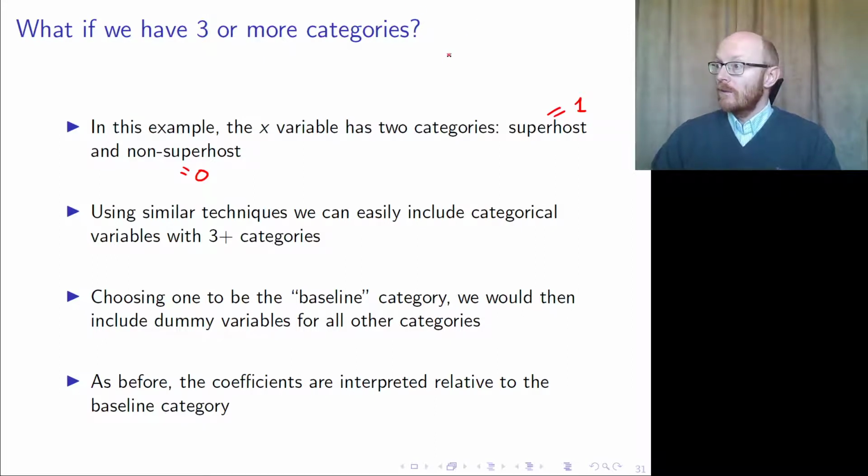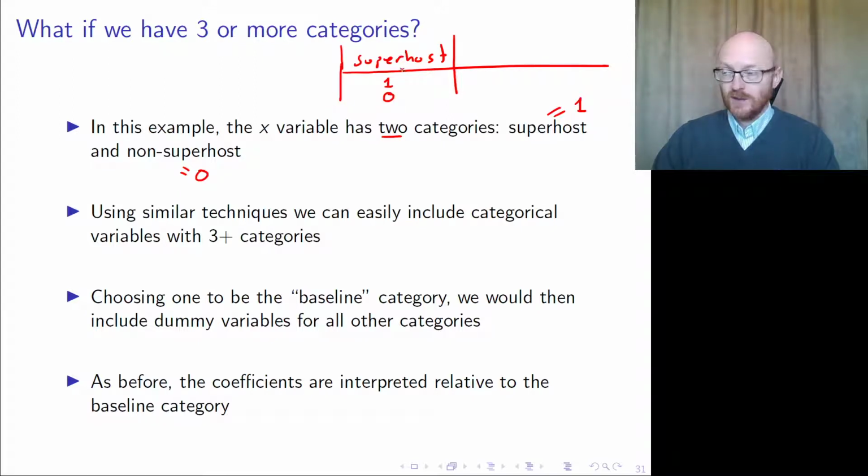So with two categories, we had the superhost variable, which was 1 if superhost and 0 if non-superhost. And we could have made another dummy variable, non-superhost, which was 0 if superhost and 1 if not superhost, right?